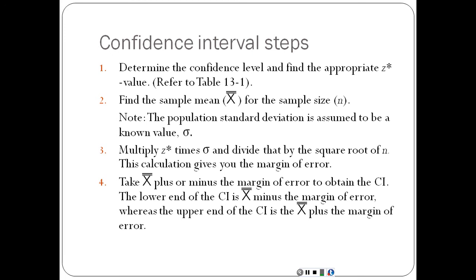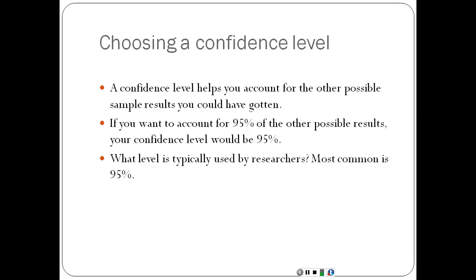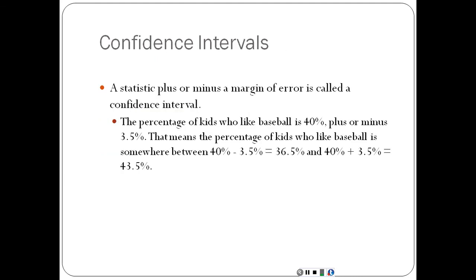The lower end of the confidence interval is the mean minus the margin of error, and the upper end is the mean plus the margin of error. Just like the example at the beginning, in this baseball example, 40% would be the mean, and the margin of error would be 3.5.